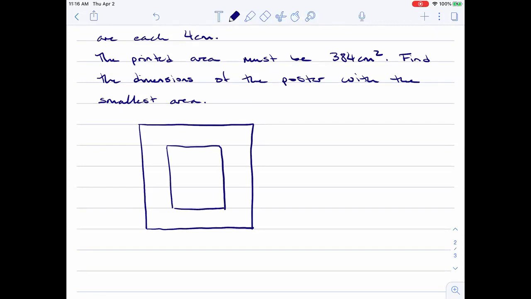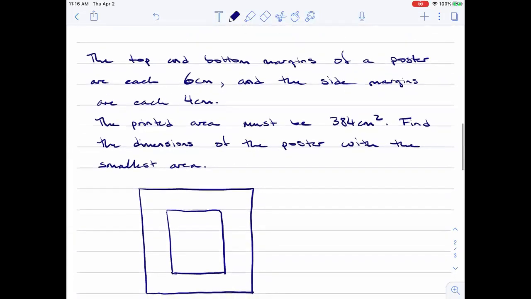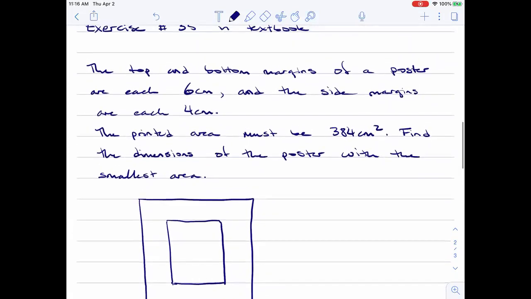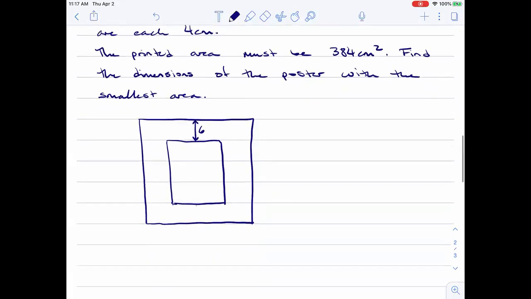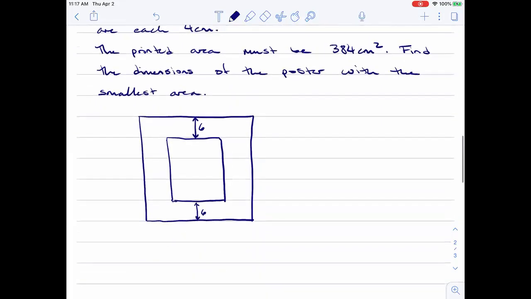Some of the criteria that we've been given is that the top and the bottom margins are 6 centimeters. So from here to here must be 6, and here to here is 6. We're also told that the side margins are each 4 centimeters, so from here to here is 4, here to here is also 4.